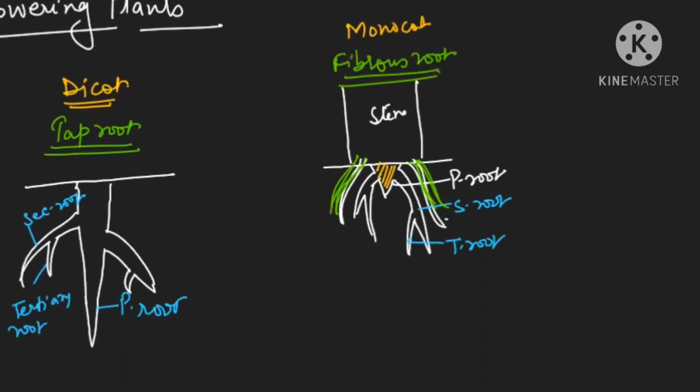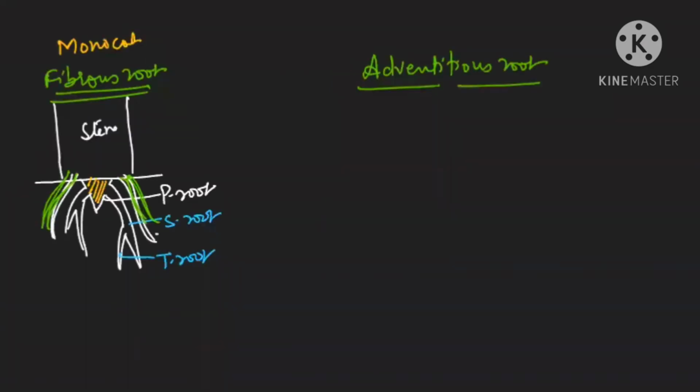Now there is another third type of root system which does not involve the radicle. So adventitious roots are those roots which do not arise from the radicle, but they arise from a part other than the radicle. Okay.